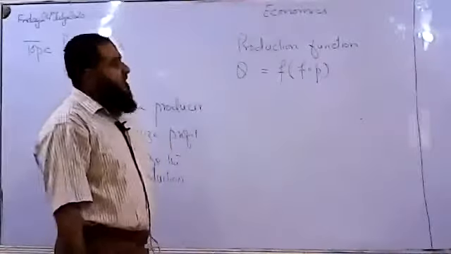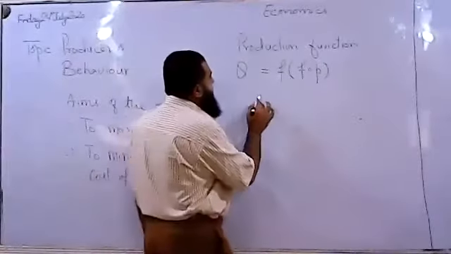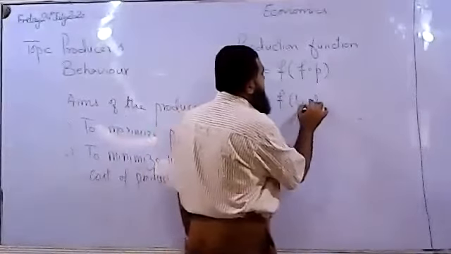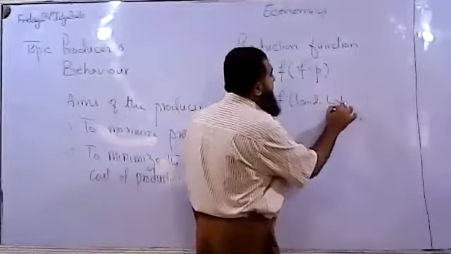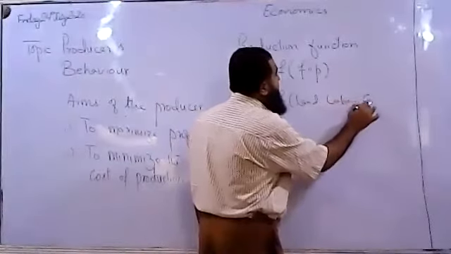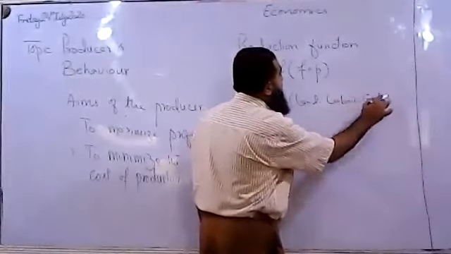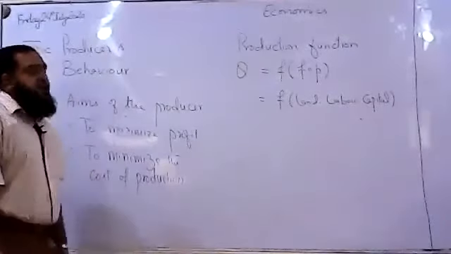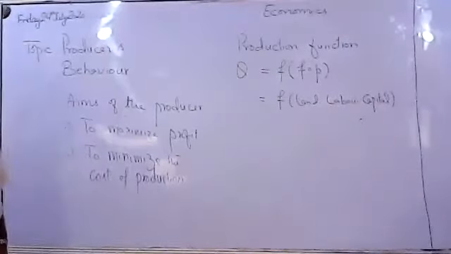And what are those factors of production which are used by the producer? They are like this: land he is using, the raw material, labor he is using, and capital. These three factors of production are used by any producer, any entrepreneur in order to produce the goods and services.